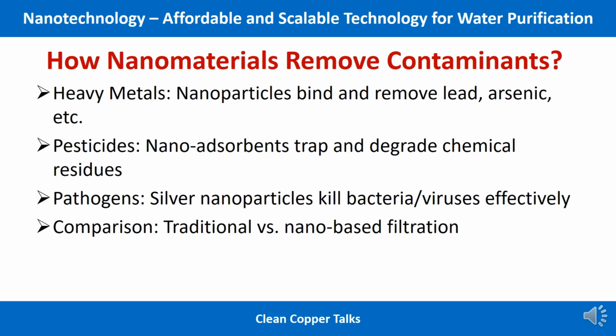The operating pressure required in traditional filtration is 0.1 to 1 bar, while that required in nanofiltration is 5 to 20 bar. The energy requirement in traditional filtration is low, while it is high in nanofiltration due to the pressure requirements. However, the energy required in nanofiltration is much less compared to a reverse osmosis process. Water recovery in traditional filtration ranges between 90 to 95%, while that in nanofiltration ranges between 70 to 90% because some part of the water is rejected.